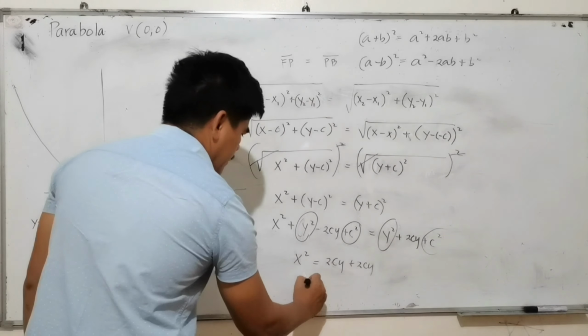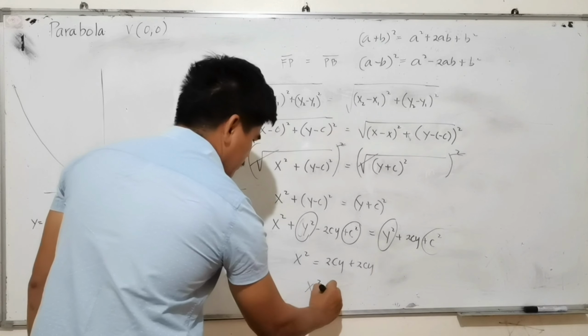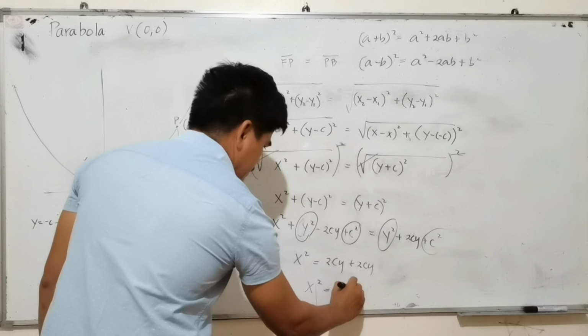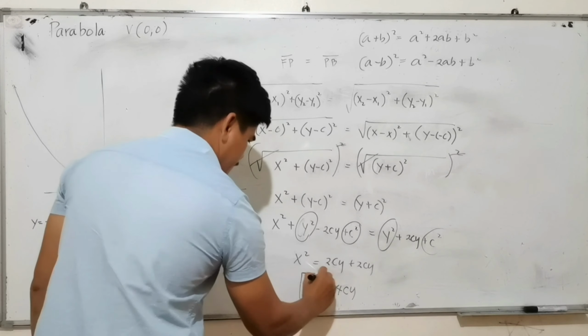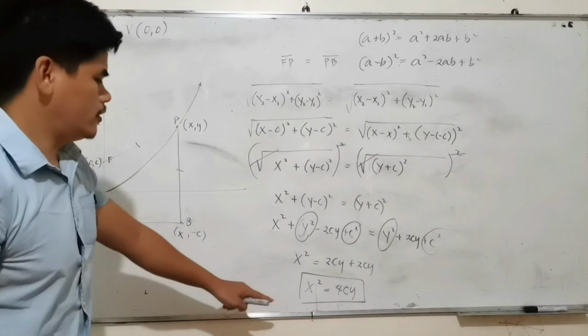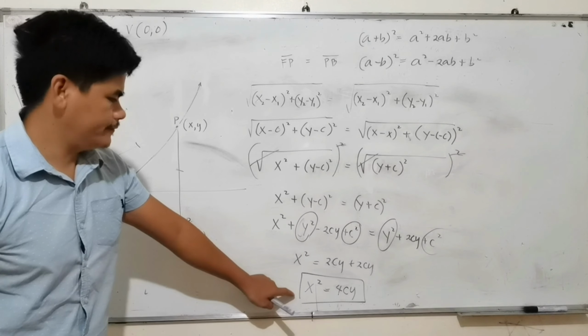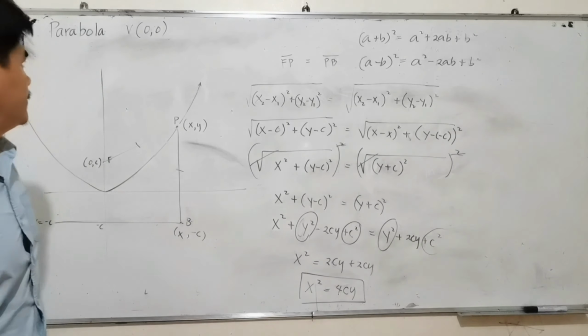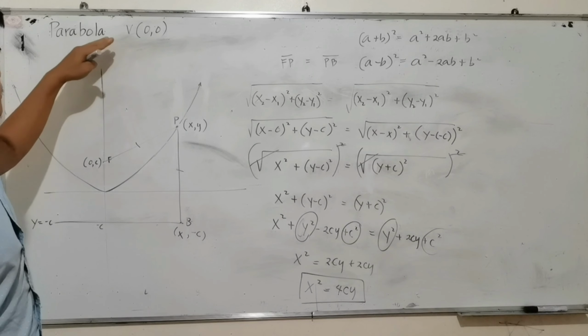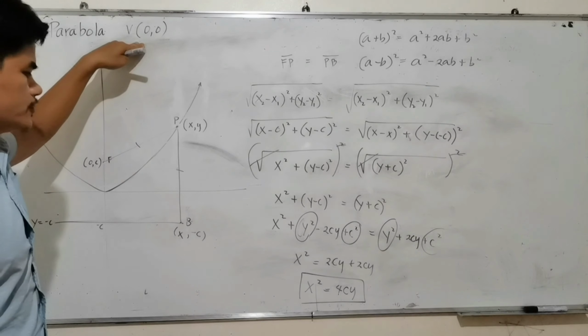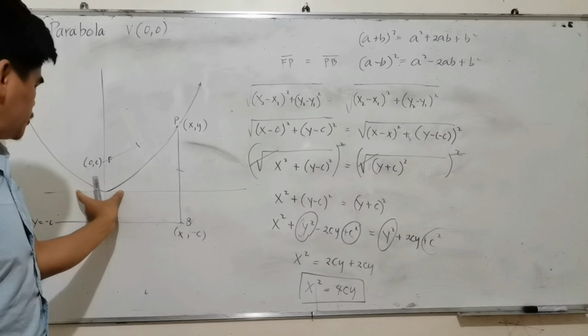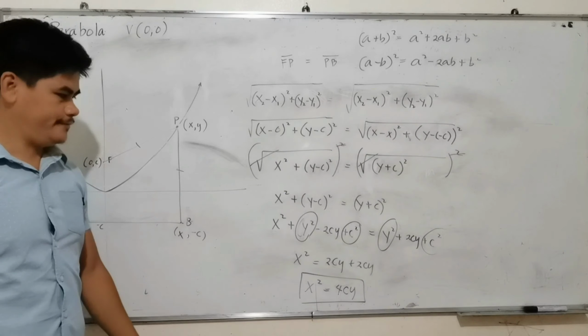So we now have x squared equals 4cy. This is our standard formula for a parabola with the vertex at (0, 0) opening upward.